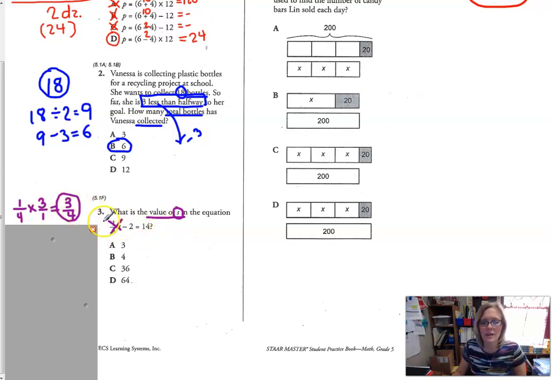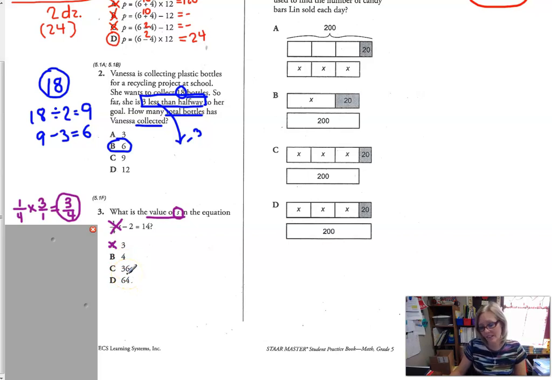It's not even a whole number. There's no way it could be 14. So I started thinking to myself, well, I know for sure it's not 3. And if 3 was that far away, I'm going to have to try one of the bigger numbers.